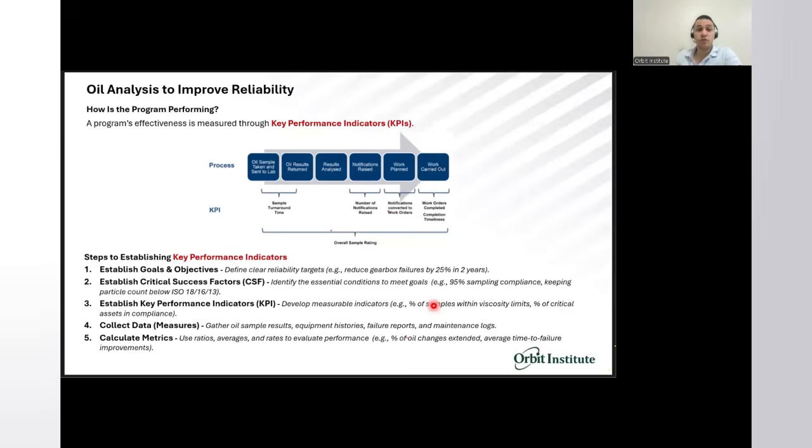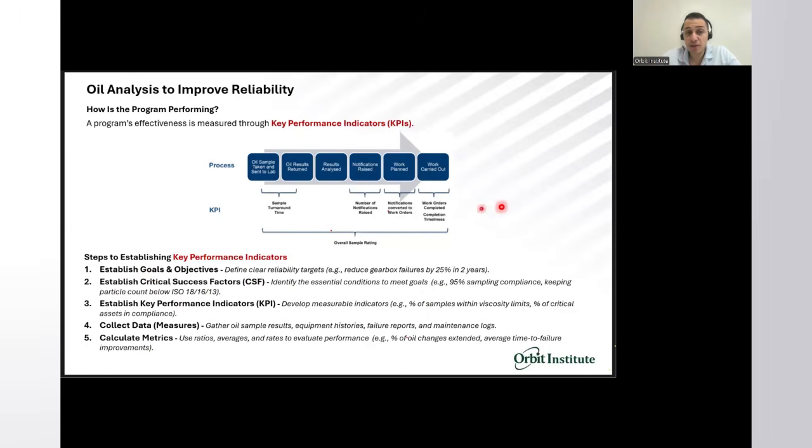The oil analysis, of course, this training course is trying to connect the oil analysis knowledge with the reliability knowledge. For example, how is the oil analysis program performing? How can you set measurable and clear KPIs or key performance indicators for an oil analysis program?